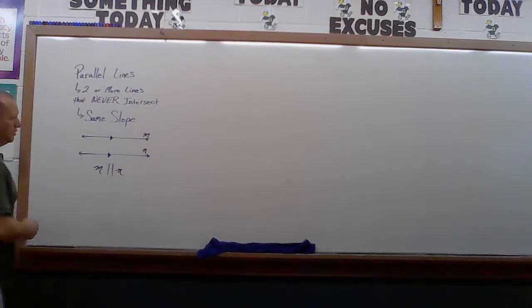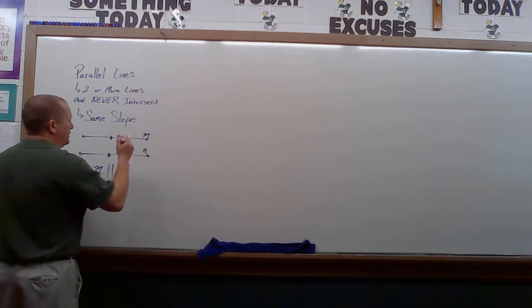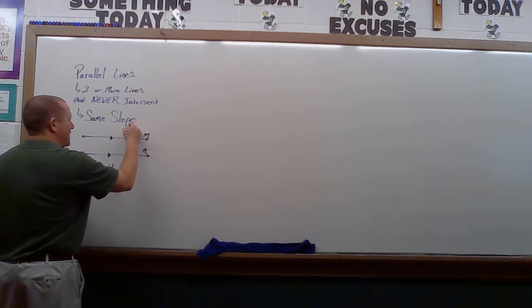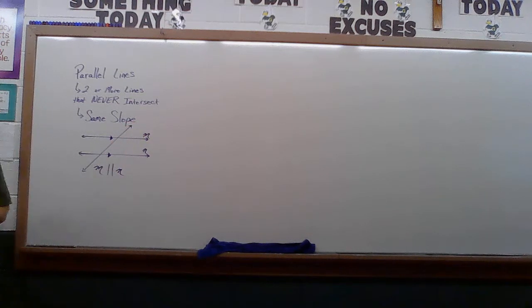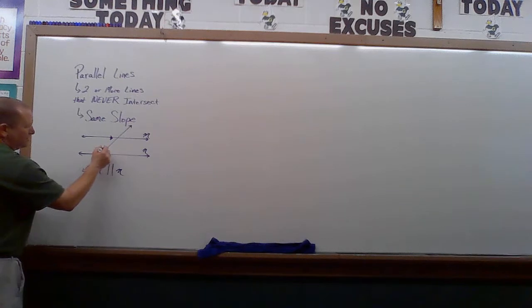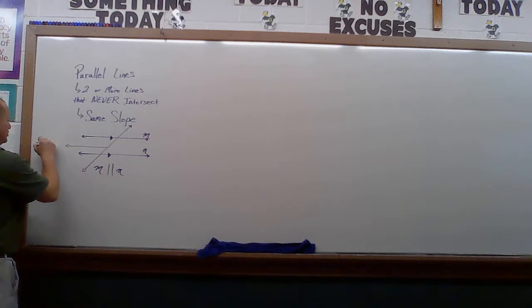So, from there then we introduce another. Now I'm going to put a line across those two parallel lines. And this line that I just made right here is called a transversal.